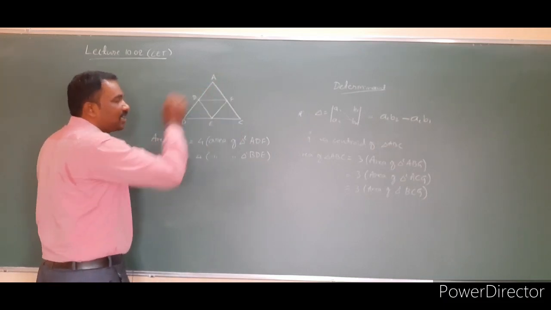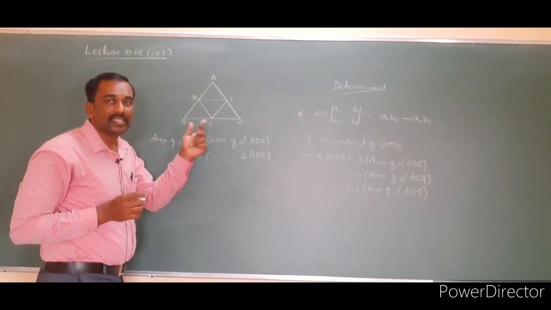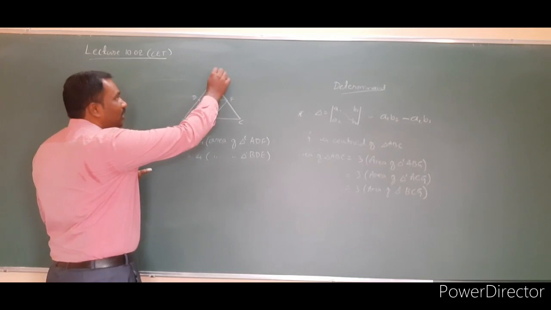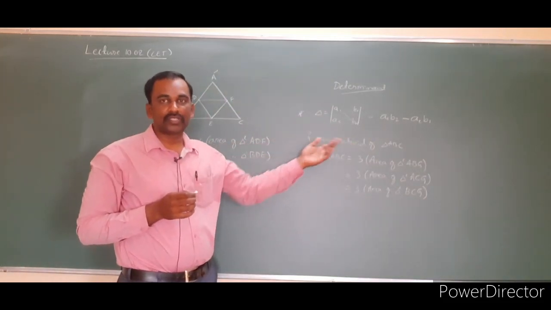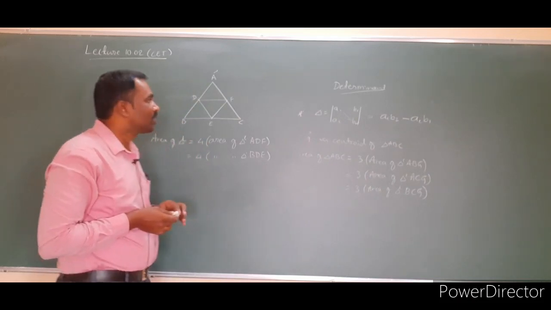To find the area of the triangle, whenever the midpoints are given, in such a case, we don't know the coordinates of the triangle, whereas if you know the coordinates, we can easily find the area using the determinant or another formula.